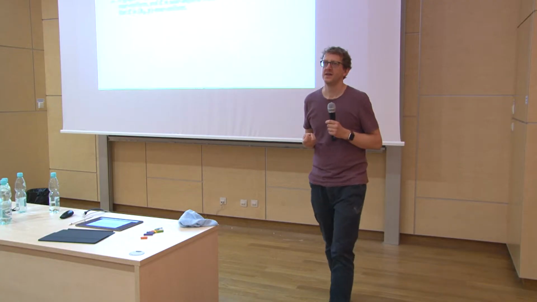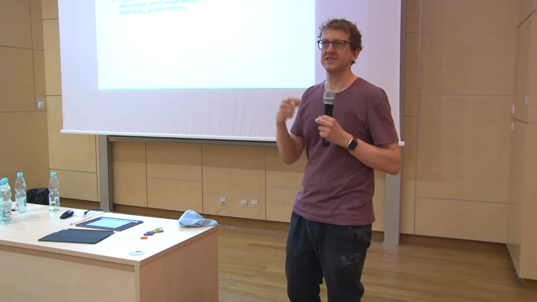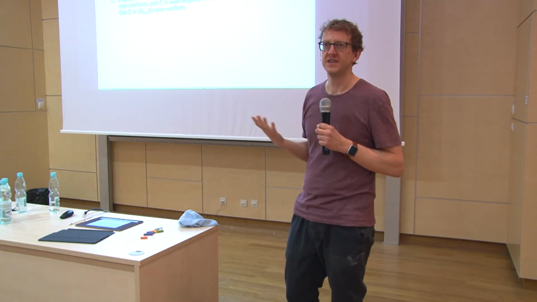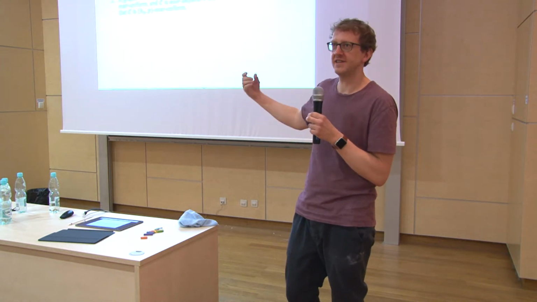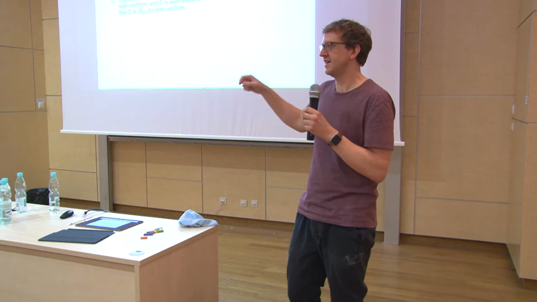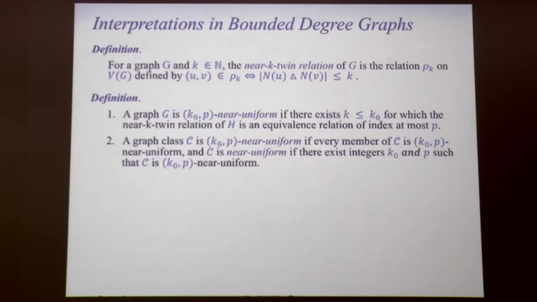And it's not hard to see that this near k twin relation is not an equivalence relation in general, because if A and B have almost all neighbors in common except for k, and B and C have all in common except for k, it doesn't mean that A and C have the same neighbors. And so clearly not every graph will be k0-p near uniform. And this p just means you look at the index of your equivalence relation, and this is the number p.